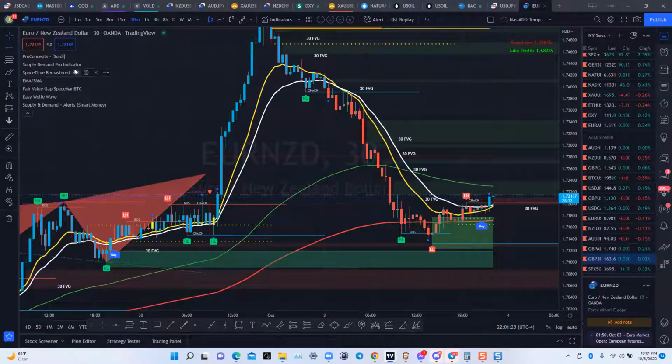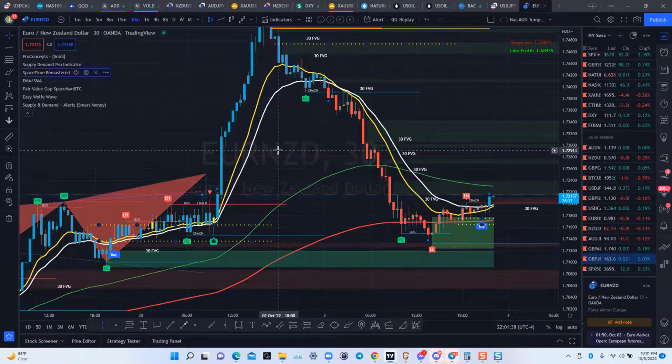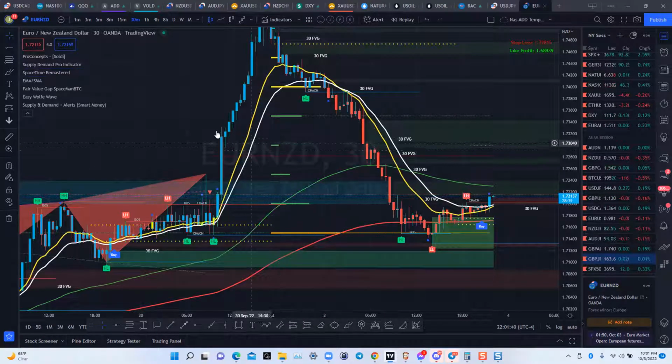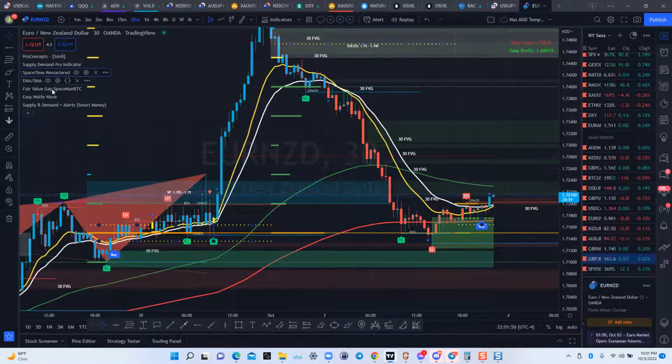But this spaceman thing also, sometimes you have to come in here and play around with the tick size to get the little mountains and little valley type of thing. So I try different ones to see where this is. This is a 30-minute time frame, so this should be on a daily. So you can get some data.